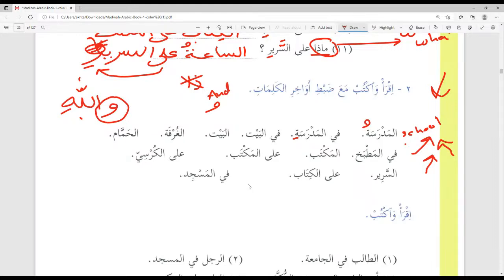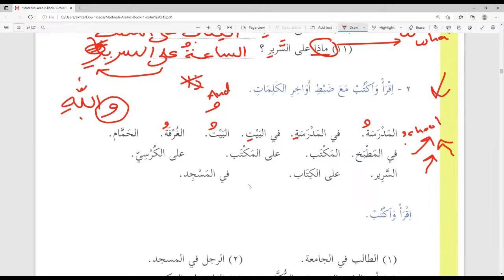نعم. Next one. ودود. في البيت. نعم. Next one. عمر. البيت. بلال. الغرفة. نعم.